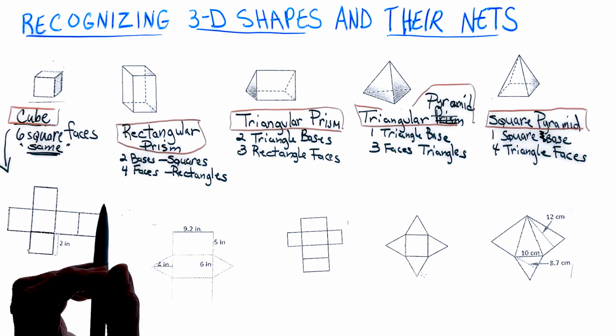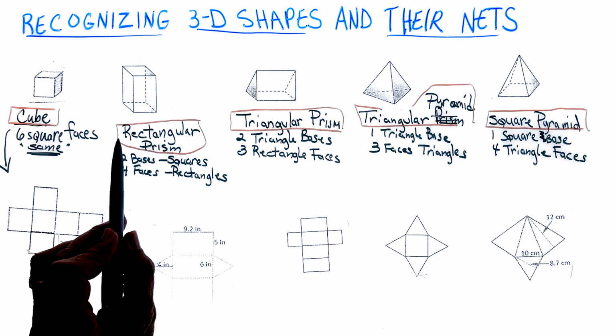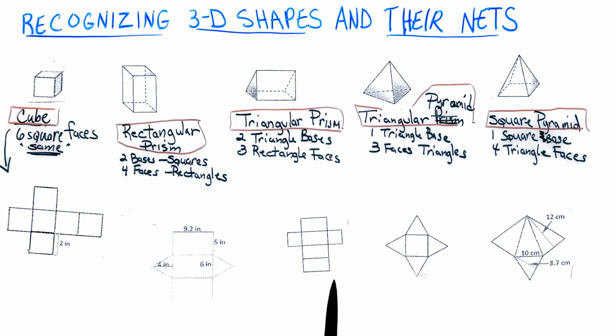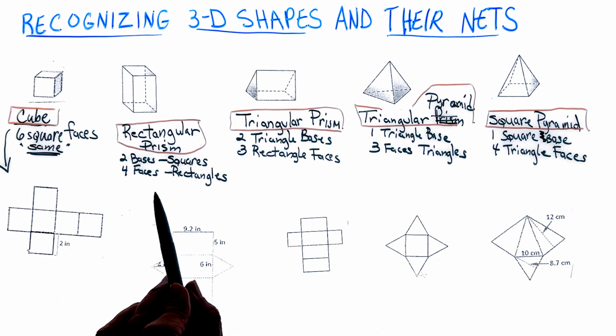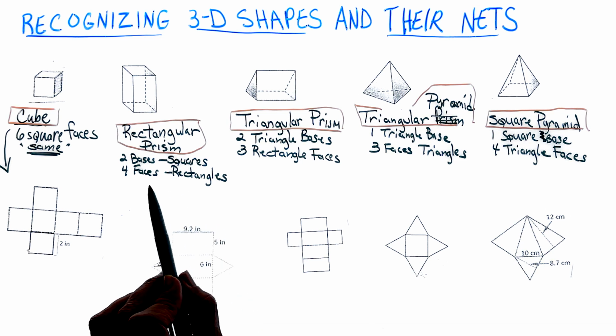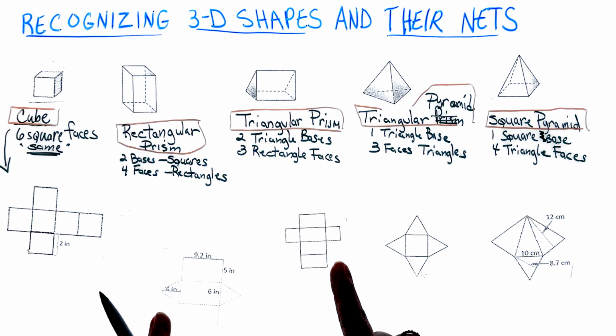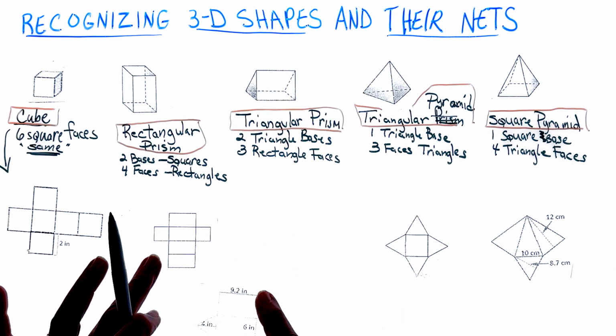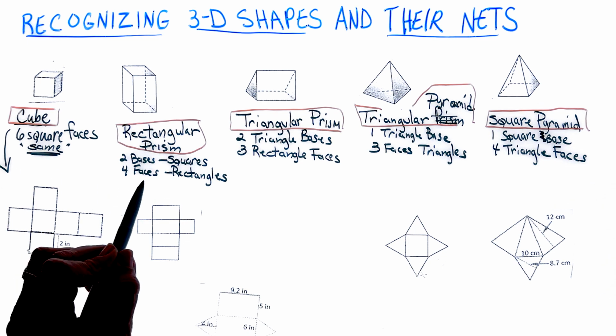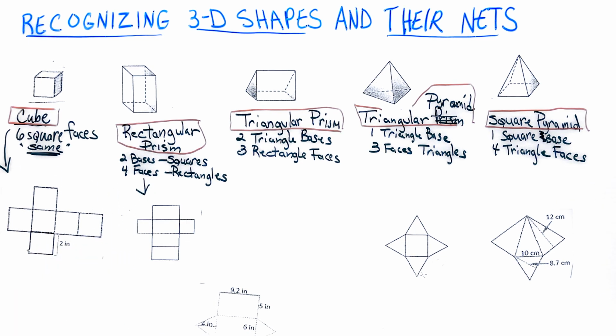So again, I have a rectangular prism, and when I open it up, it has 4 rectangle faces, and here, notice, here's 4 rectangle faces and 2 square bases. So I'm going to move this guy over here, and that would be the net for him.